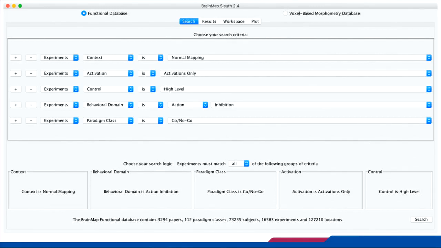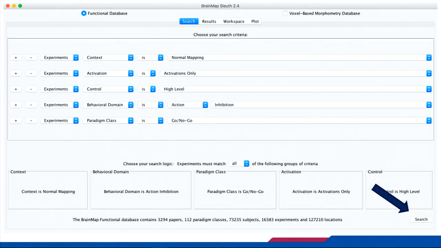That would effectively filter out of the 16,000 experiments those experiments that basically compared the no-go trials in a go-no-go task to the go trials, right? Because we have the high-level contrast, so it's not against baseline, but against another contrast. Combine that with go-no-go paradigm and inhibition behavioral domain. It basically specifically gets you no-go versus go.